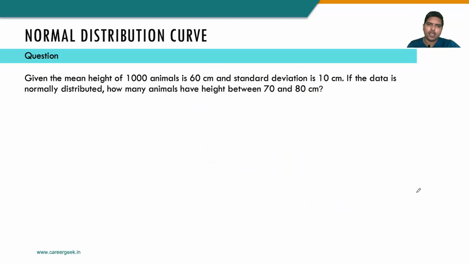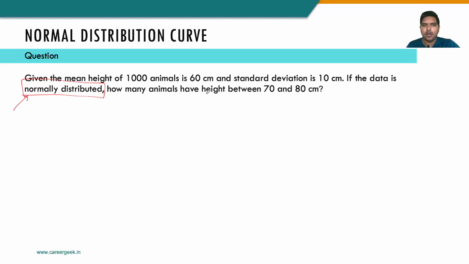Let's say given the mean height of 1000 animals, they have taken a set of 1000 animals and measured their height, and the mean height came to 60 centimeters and the standard deviation is 10. If the data is normally distributed, this has to be given, otherwise you cannot apply this.